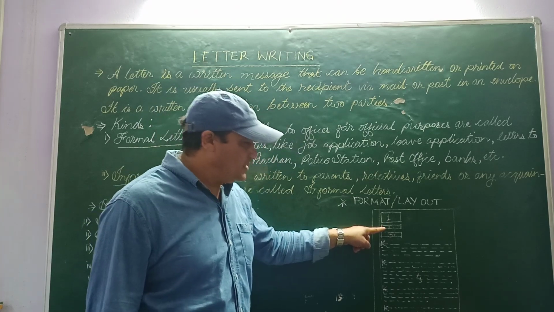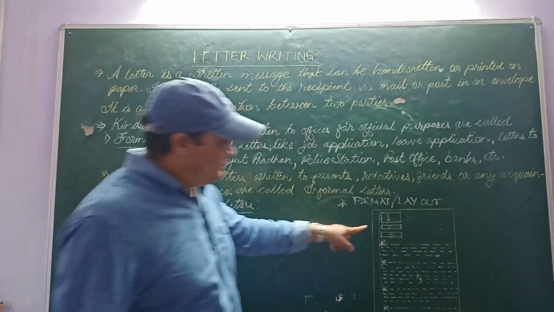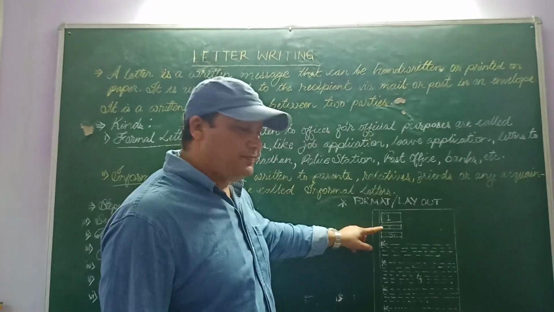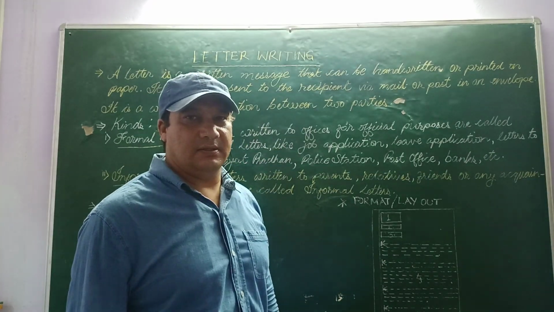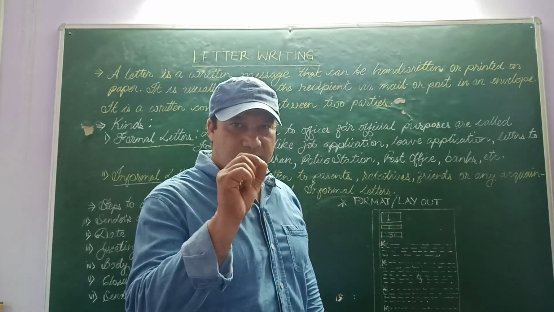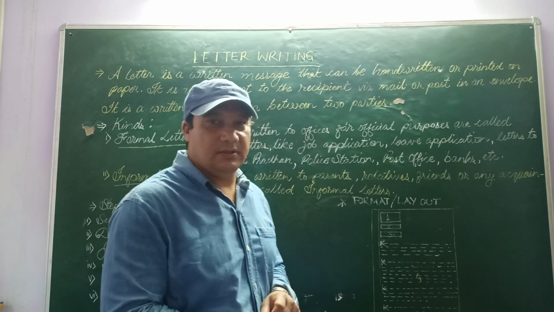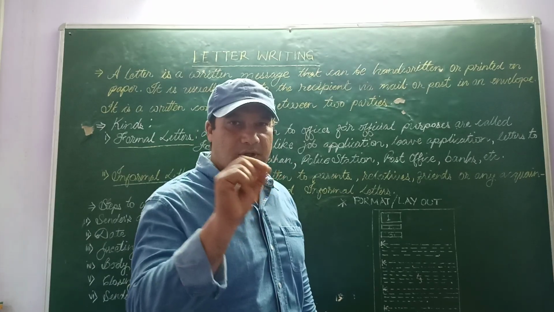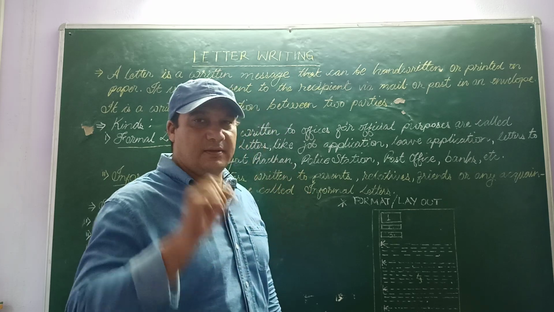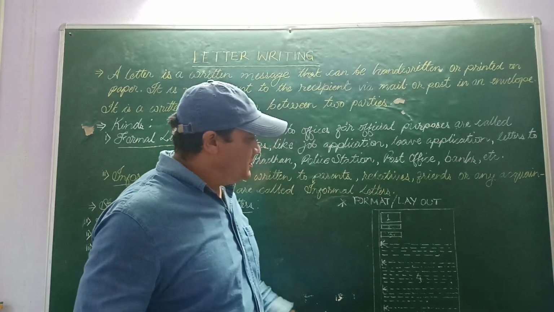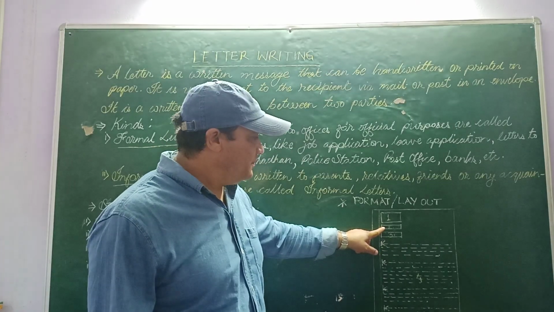Now what is step number 2? Step number 2 is date. We write the date just below the sender's address, and for the date, follow the official pattern of writing. Do not use the oblique pattern of writing the date. Do not use the dot pattern of writing the date. Write the official date. See? So the date must be specified very correctly.